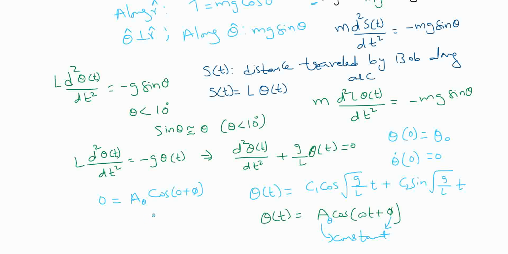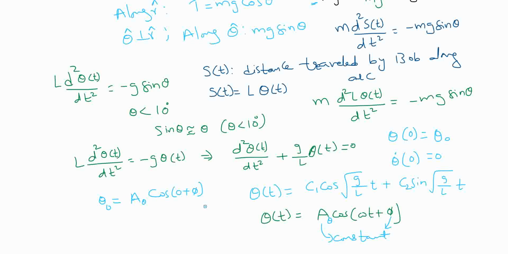Now, we have this one condition: A theta cos phi is equal to, sorry, it's theta naught. So this is the one initial condition. Theta of 0 at time t equal to 0 is theta naught.